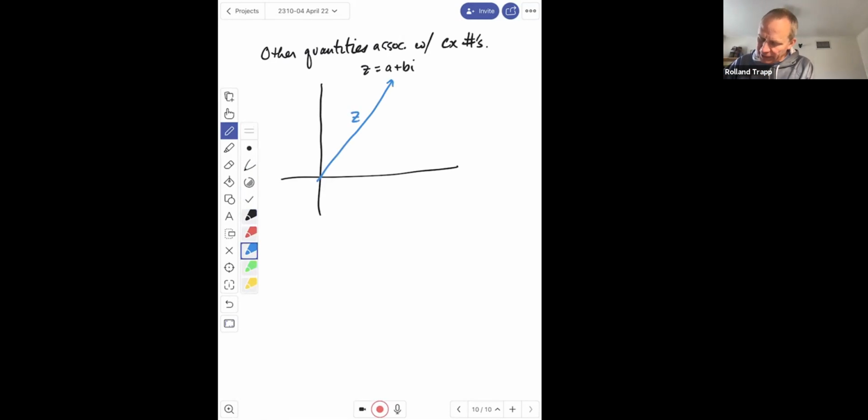What you notice is a vector has a length and a direction. And there's a little right triangle in here. I wonder if I can just make this thinner. There's a little right triangle in here. And this has length b and that has length a.